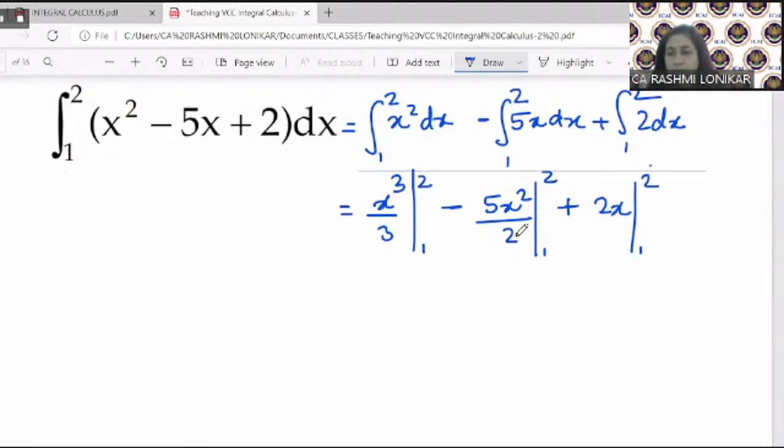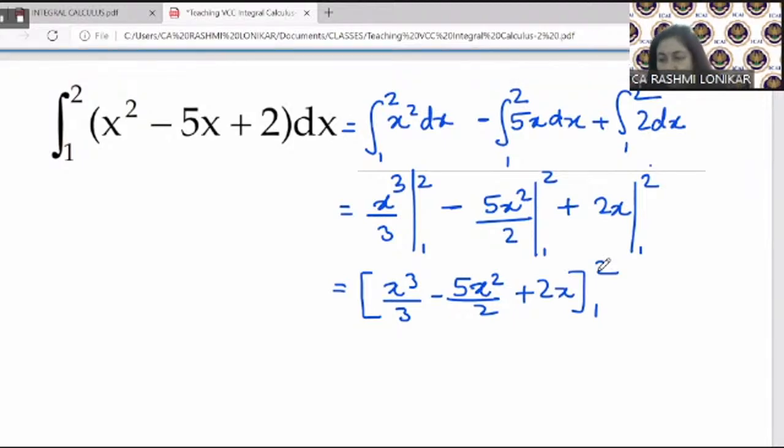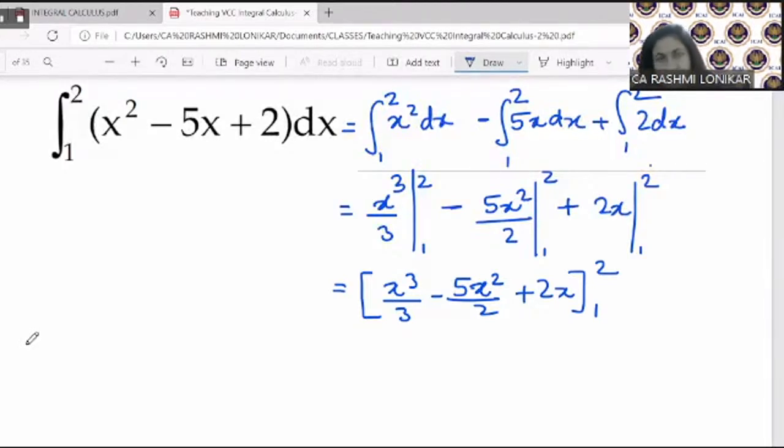Okay. Now this is as good as writing x cube upon 3 minus 5x square upon 2 plus 2x, x going from 1 to 2. Now what will I do? I will put in the upper limit first and then, with the minus sign, I will put in the lower limit. So this is equal to, what is the upper limit? 2.